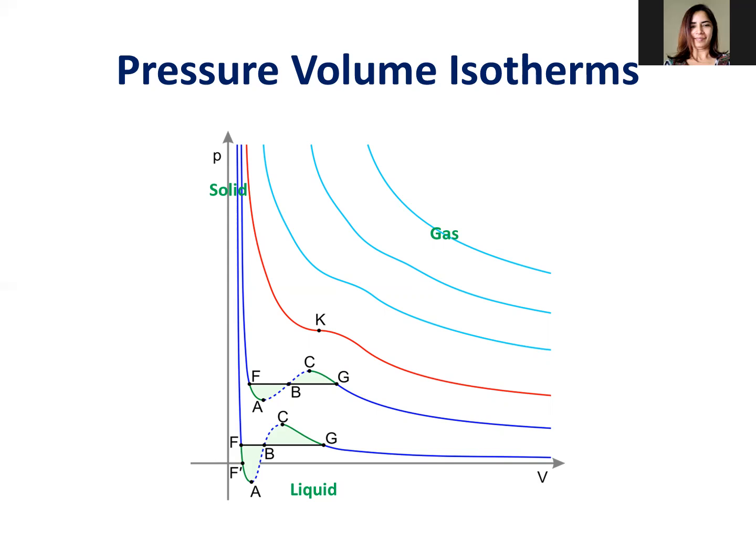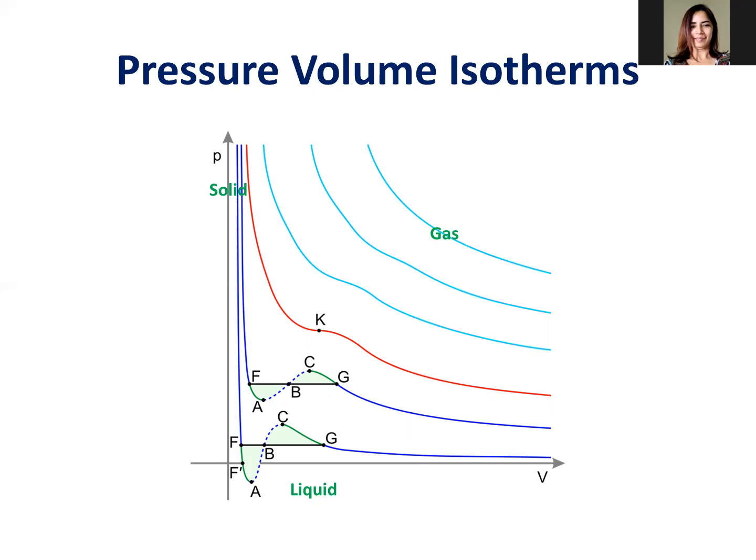Take another isotherm of the very same gas, but at a higher temperature. The region of anomalous behavior is GCBAF. In the region GCBAF, it also exists in the liquid state.